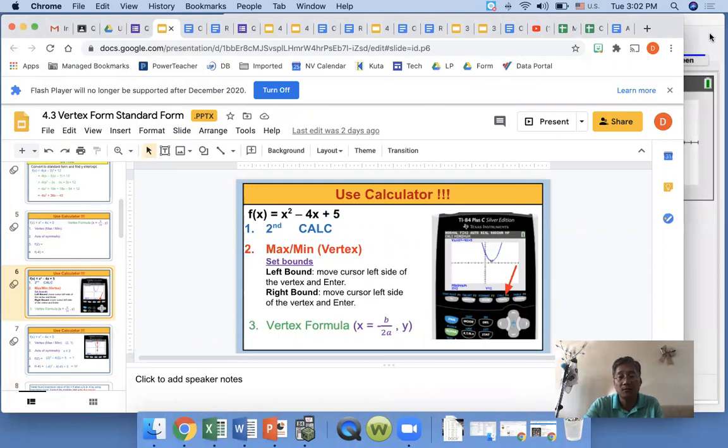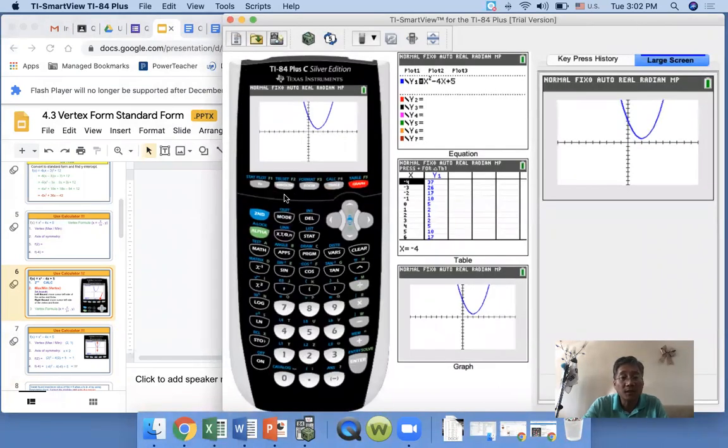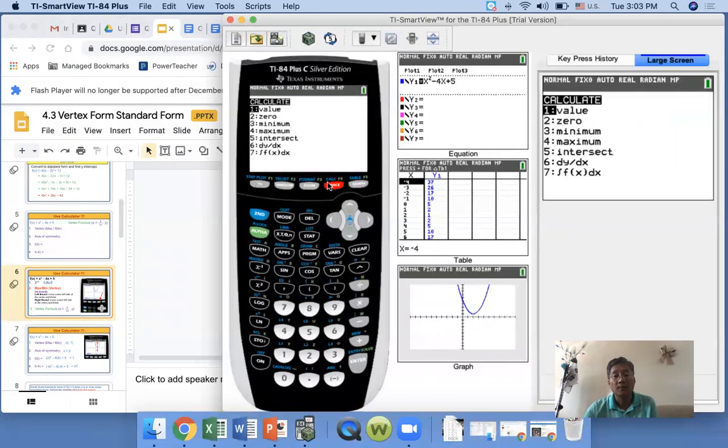Second calculation. You put second calculation here, right above the trace here. Then, do you see whether it's minimum or maximum? This is the minimum y value. This is the lowest y value. So it's minimum, right? Then we are going to find the minimum.